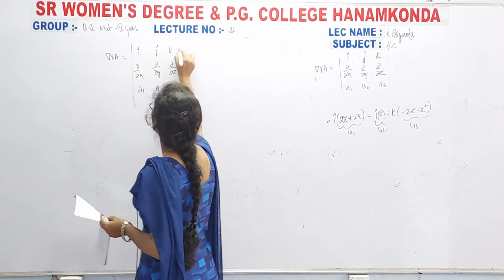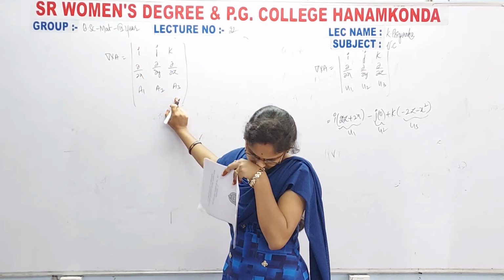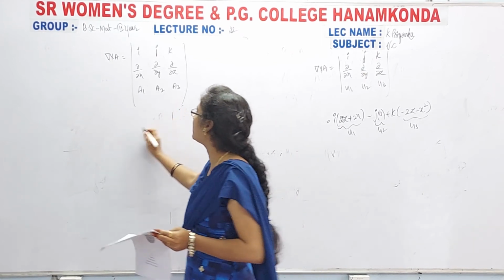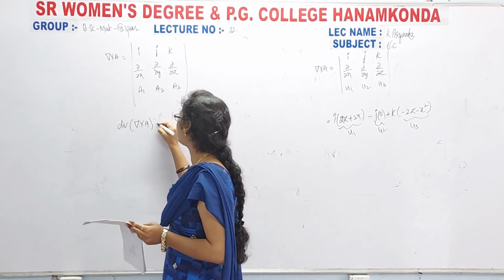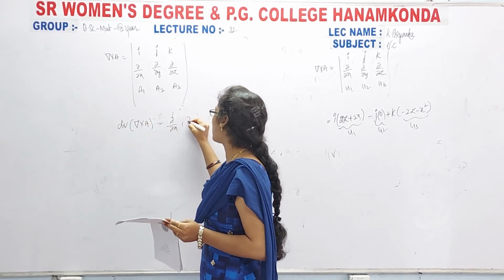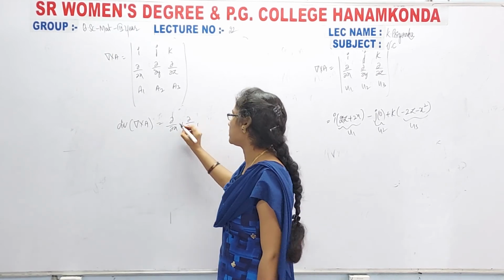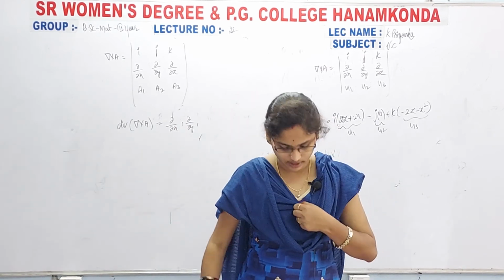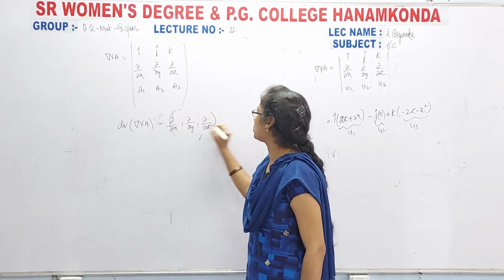So finally you will get i of dou A3 by dou y, and so on. And then they are asking for the divergence of curl A. The divergence means dou by dou x, dou by dou y, dou by dou z applied to the components, like this.